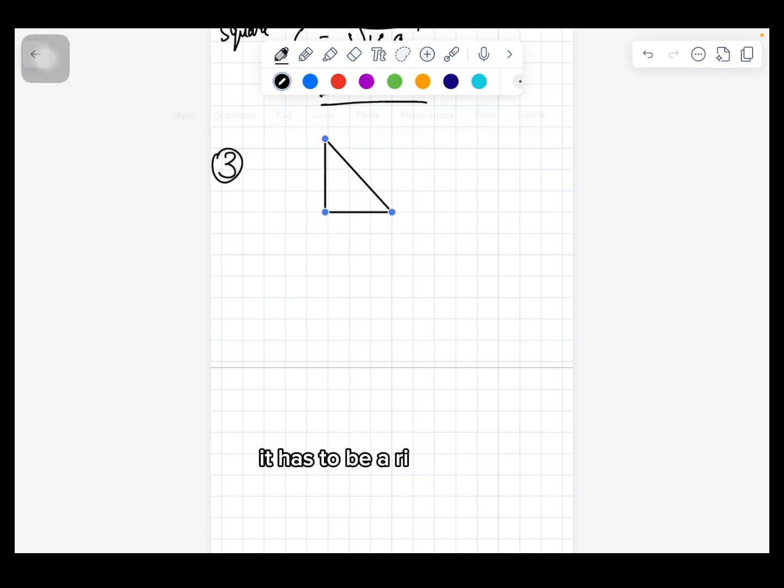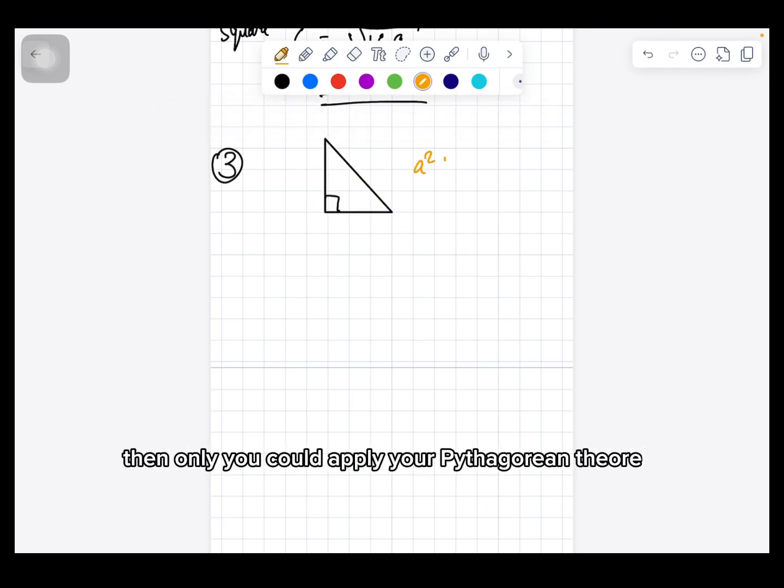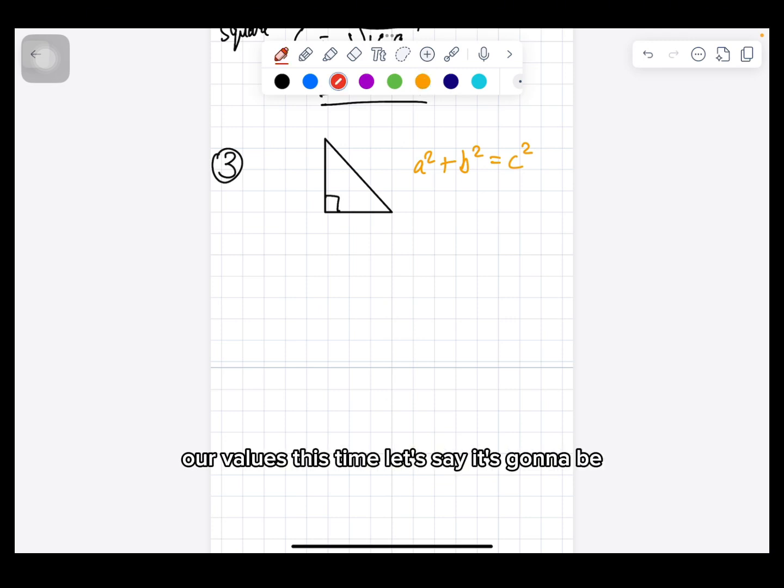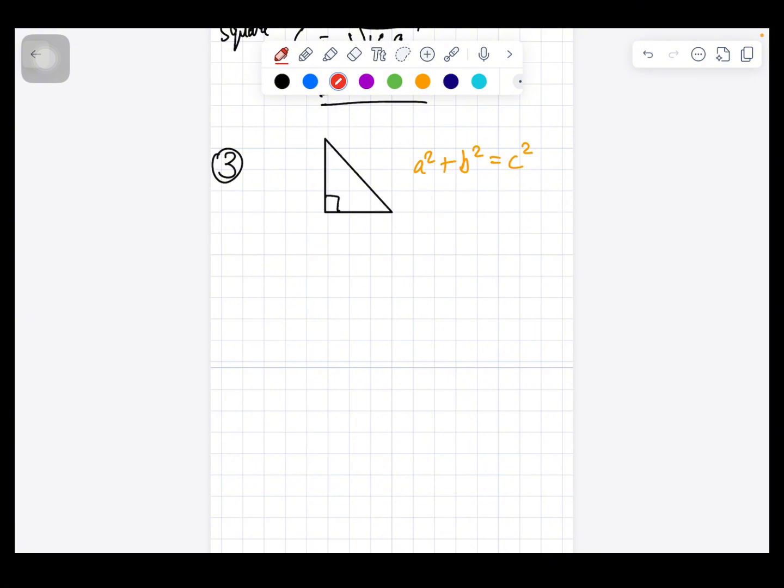Again, it has to be a right triangle, and only then can you apply your Pythagorean theorem, which is a squared plus b squared equals c squared. Our values this time, let's say, are 8 and 17.